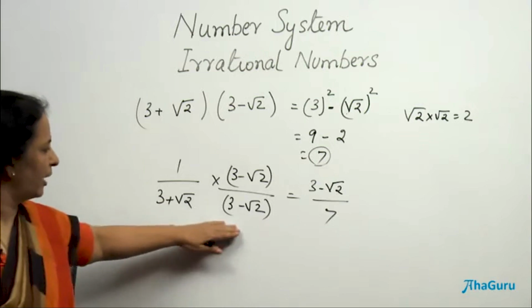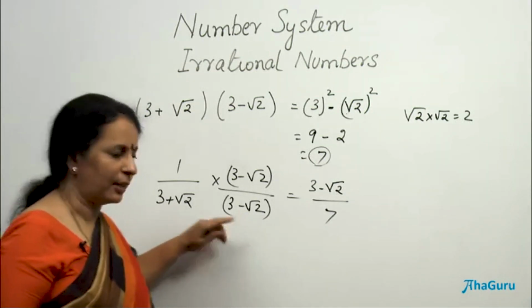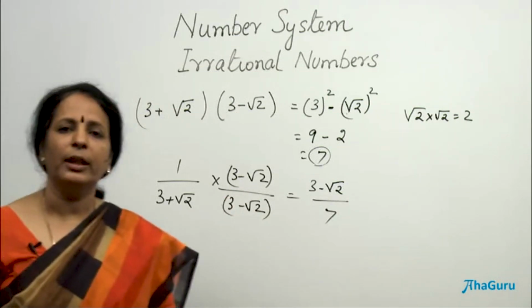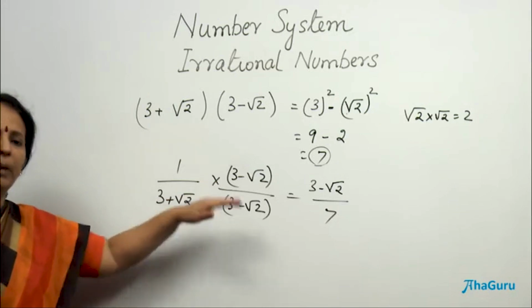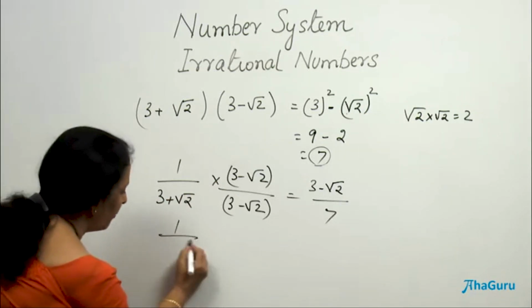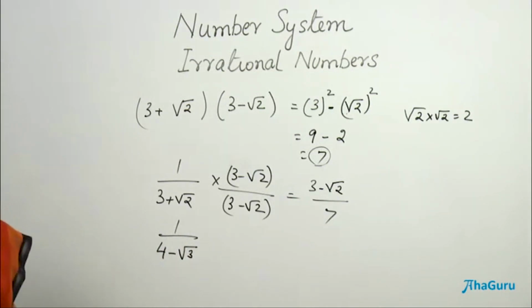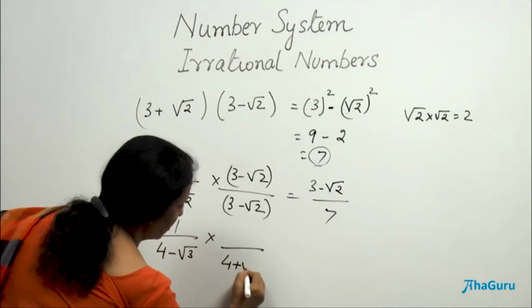So, what I have done? A plus sign I have multiplied with the minus sign. This number and this number are known as conjugates of each other. So, 3 plus root 2, what is the conjugate? 3 minus root 2. Had it been 1 by, say, 4 minus root 3, now what will be the conjugate? I multiply the denominator by 4 plus root 3.